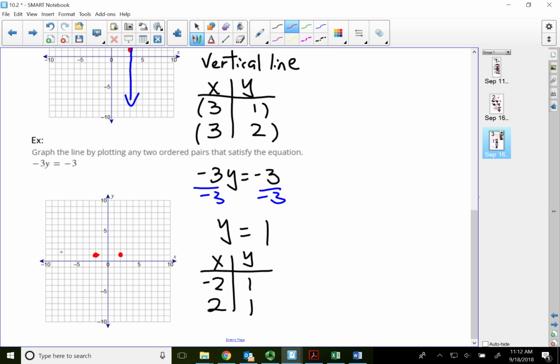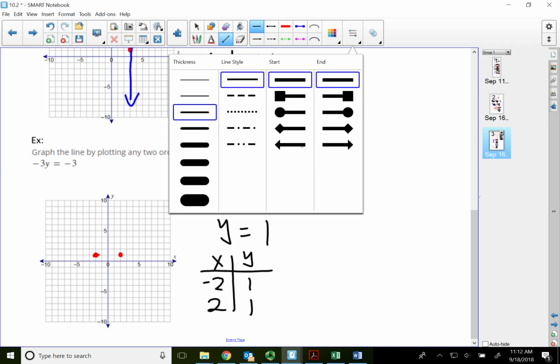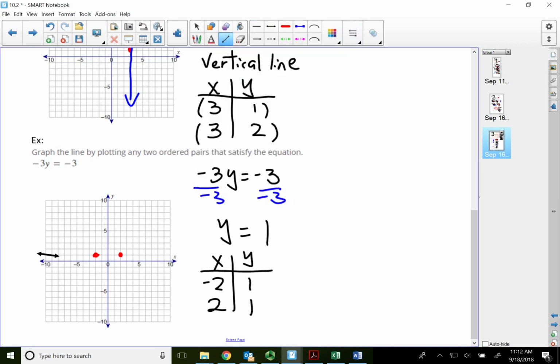On this horizontal line, every single point has a y value that says 1. Think about this: if I go to the right 3 and up 1, that will be 3, 1, 4, 1, 5, 1, 6, 1, 7, 1, 8, 1.